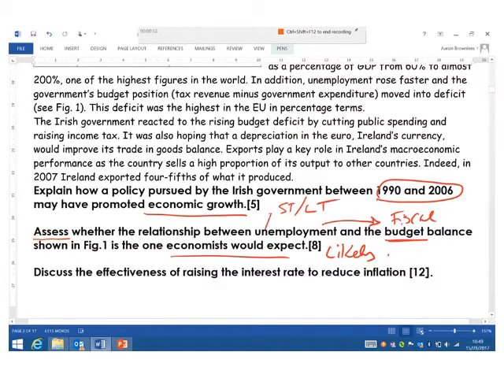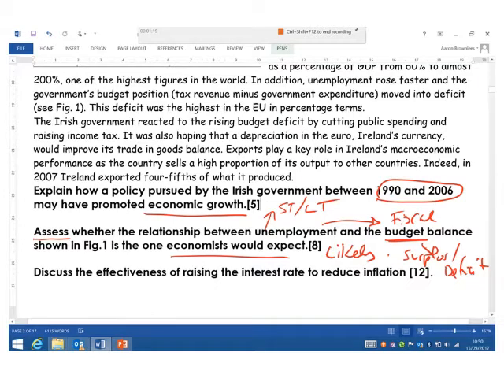If unemployment goes up, what should happen to the budget balance? Is it likely to go into surplus, or is it likely to go into deficit? And that's the argument of the two sides. So one side's going to be, yes, it is likely to go into a deficit, and one side's going to be, no, it could go into a surplus. That's the two sides you're going to look for.